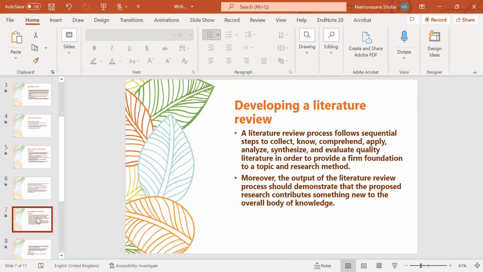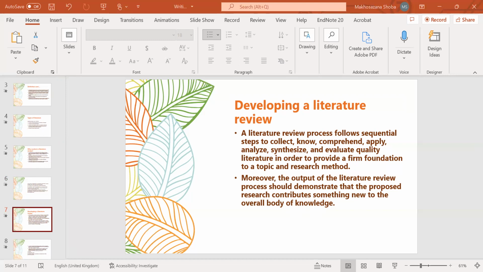Right, so what then do you do when you develop your literature review? It may follow a sequential kind of format, if I may say, to say you collect the literature, you have to know the literature, comprehend the literature, apply, analyze, synthesize, and evaluate the quality of literature in order to provide a firm foundation to a topic that you are writing.